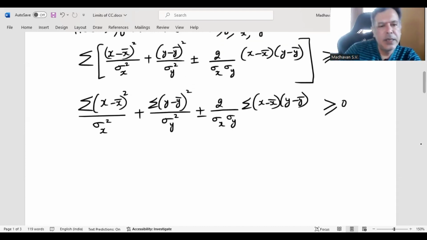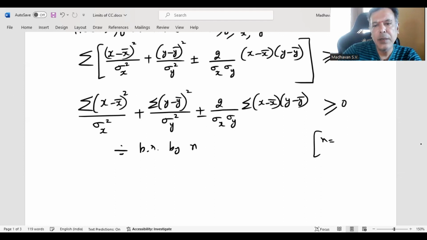Now, divide both sides by n, where n is the number of observations, the number of pairs of observations of x and y.